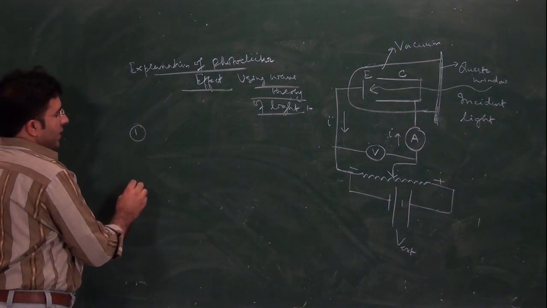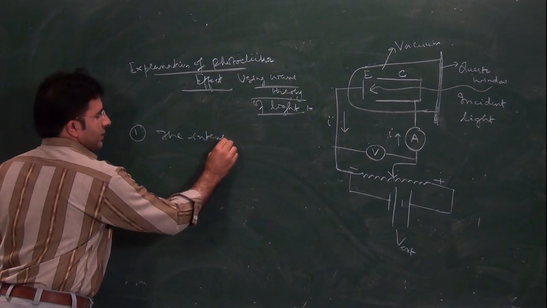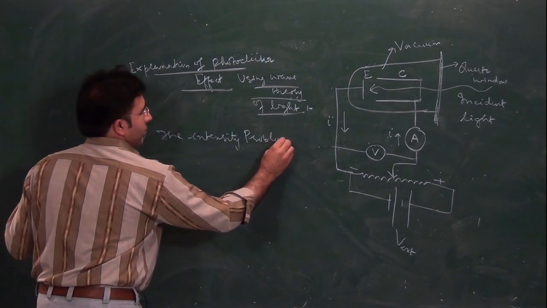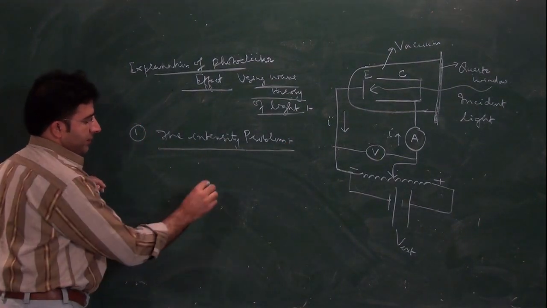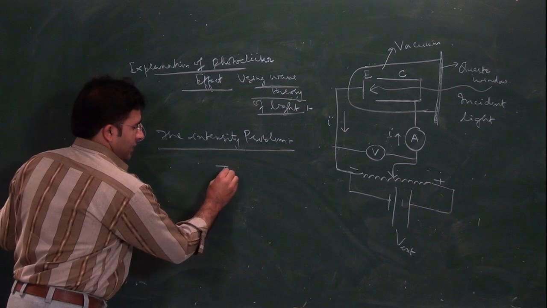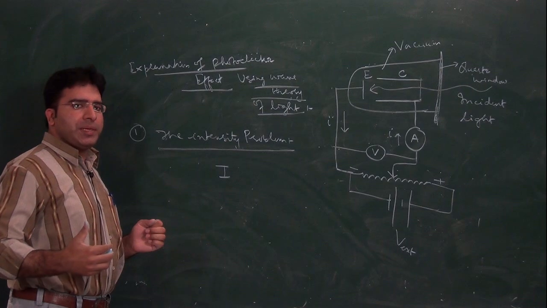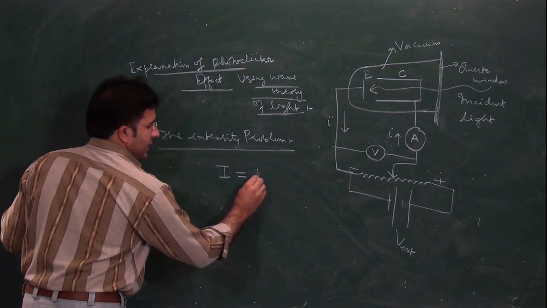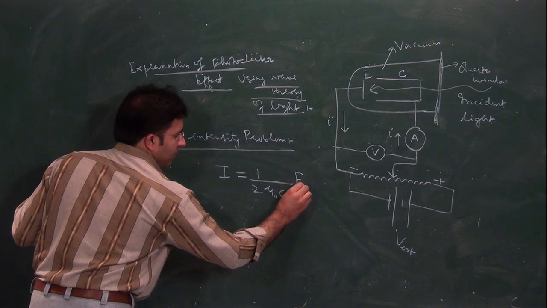One problem is called the intensity problem. What is that? Intensity means energy transported by wave per unit area per unit time, and for electromagnetic wave, intensity is written as 1 by 2 mu naught C E m square.